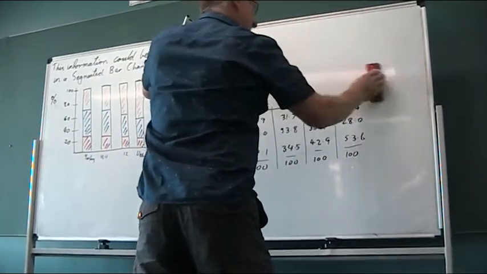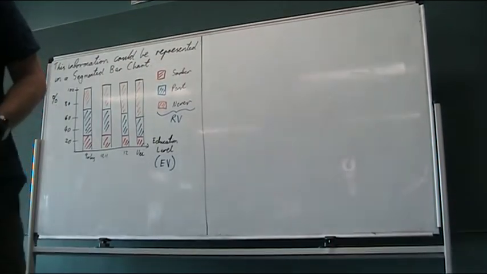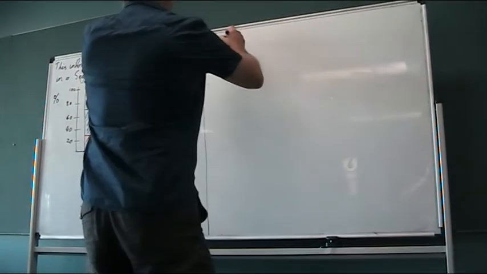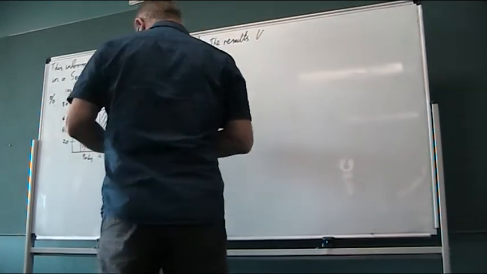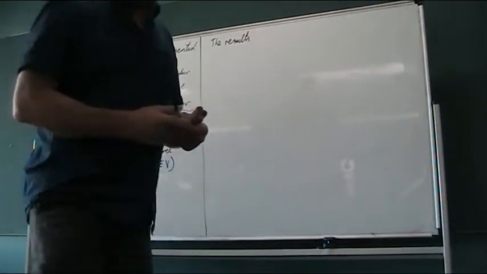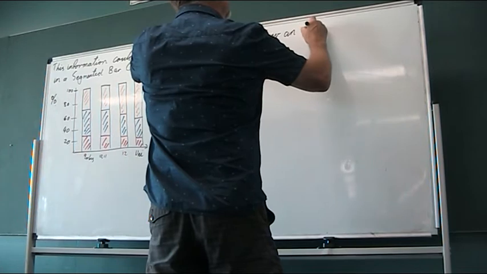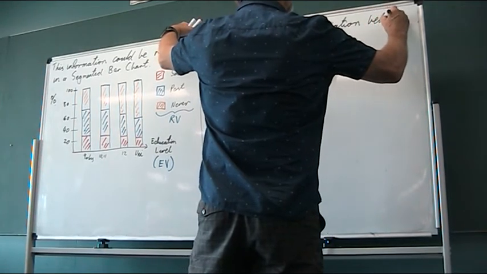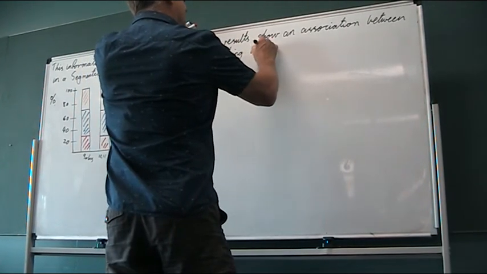So again, when you are making your conclusion, your statement, use the data. So the results do show that there is some sort of association. So the results show an association between smoking and education level.